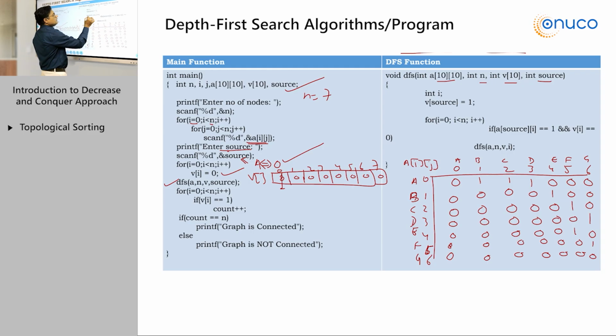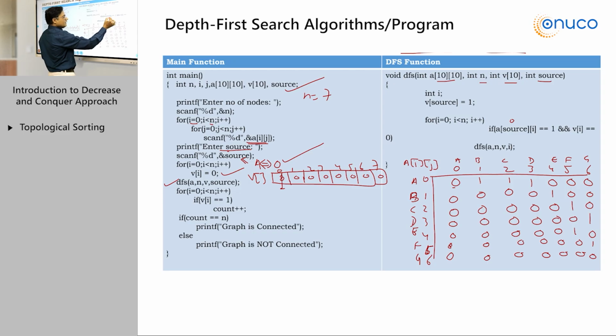Here we are going to run one for loop. For I is equal to 0, I less than n, I plus plus. If A of source, what is source in this? As of now, source is 0. Let us see that, and I starts from 0. So 0, 0, what is the value? Is it 1? No, it is not 1.